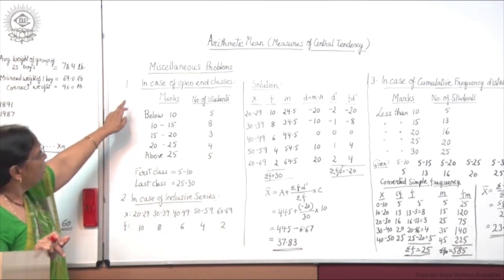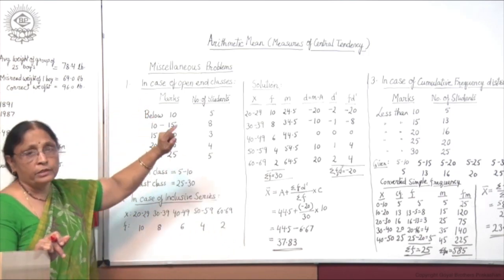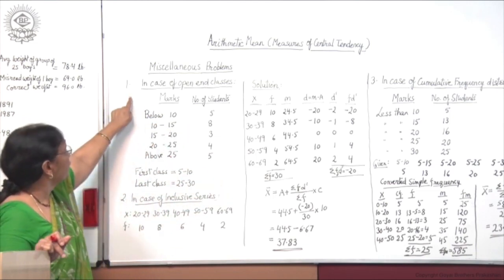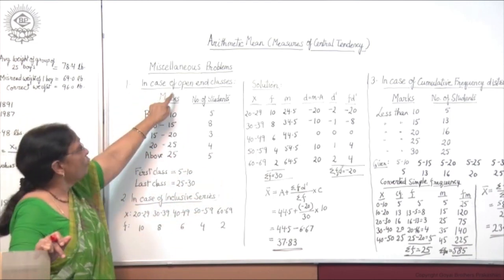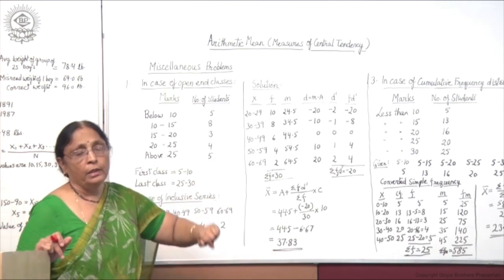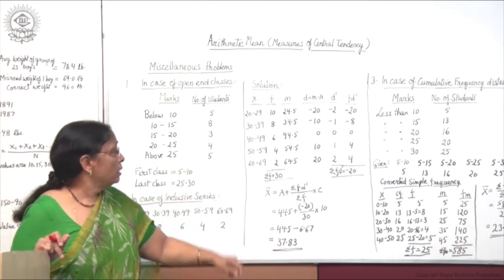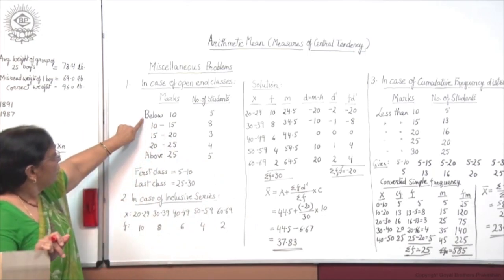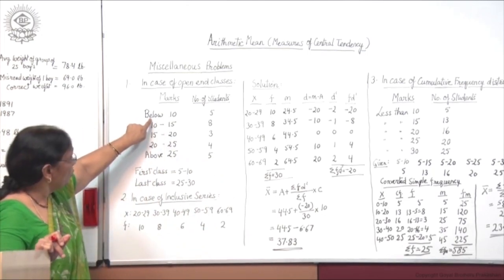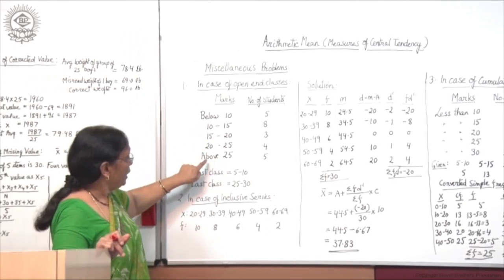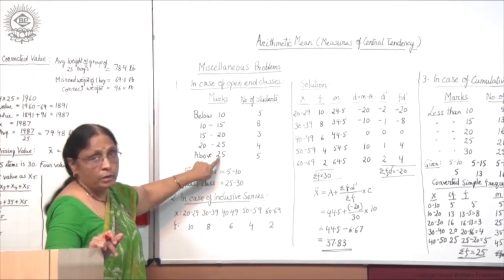Now in case of open-end class, this is the first problem I will take here. First one is in case of open-end classes. As you have learnt earlier, open-end classes means this figure is missing over here, this is below 10, and here this is above 25.